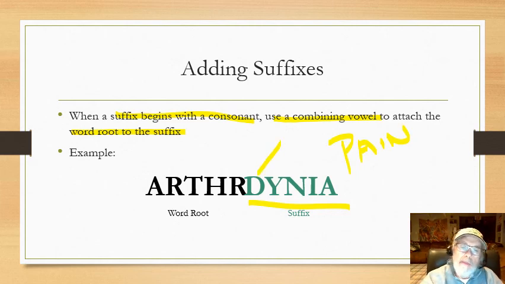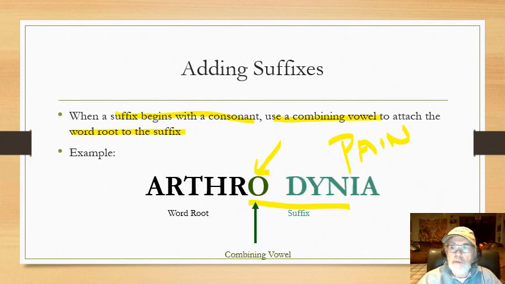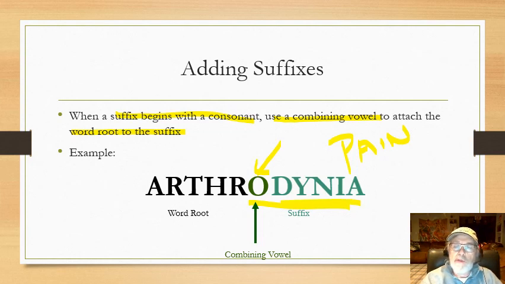Why? Because dynia as a suffix begins with a consonant, so what do I need to do? I move the dynia apart, add my combining vowel right in there, and move the dynia back in. Now arthrodynia makes it a much nicer word. So if the suffix begins with a consonant, I add that combining vowel in between. It makes the pronunciation of that word a little bit better.